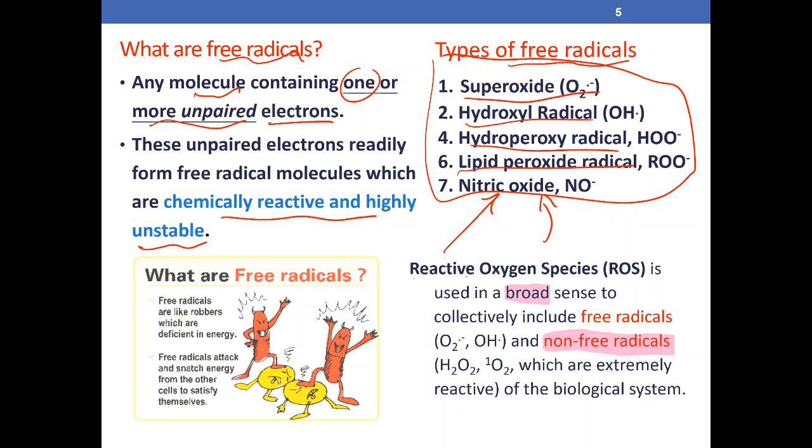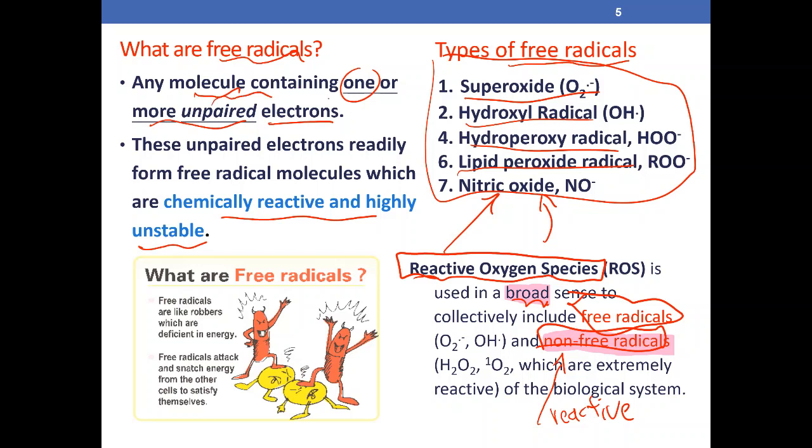Now, what are reactive oxygen species? Reactive oxygen species is basically a broad term that encompasses both free radicals and non-free radicals. The thing is, non-free radicals are still reactive. They still react with other things. The only difference is they're not considered free radicals, because they don't have a free electron.